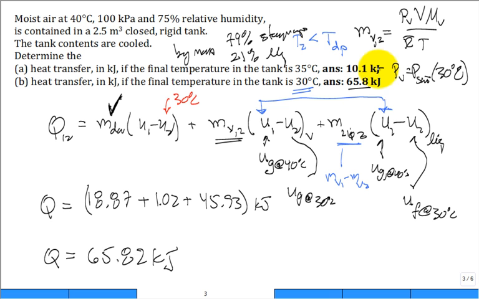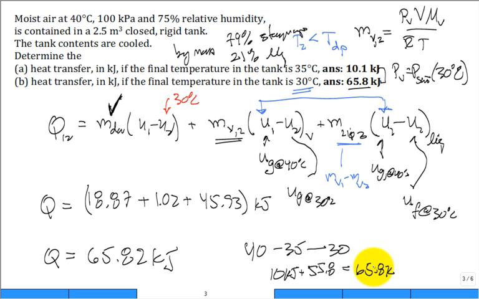So compare before. You went from 40 to 35. That required 10 kilojoules of cooling. You went only 5 more degrees, 35 down to 30. It's not an additional 10 kilojoules making it 20 total. No, it's 55 kilojoules more, making the total of 65.8 kilojoules. Why so much more?